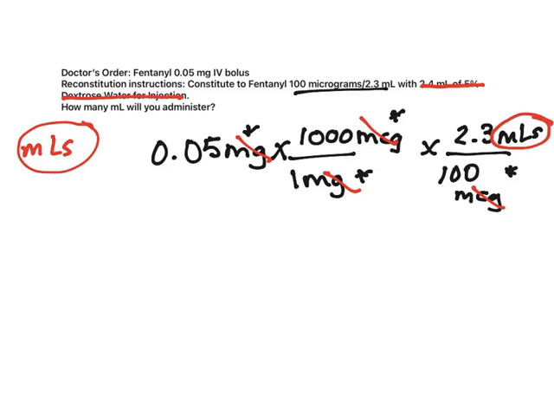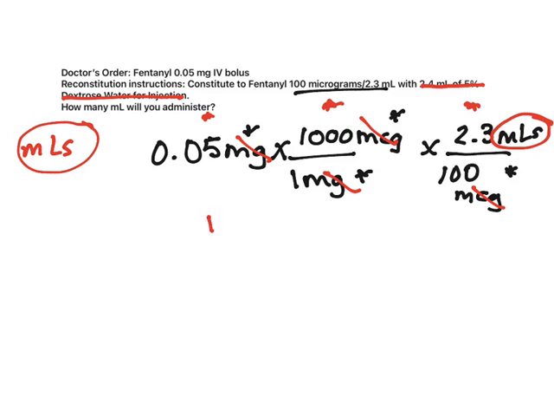So we're going to put in our calculator all the stuff on the top, which is the 0.05 times 1,000 times 2.3. Wait, let me actually put that in my calculator. I thought I had it written out. Sorry, y'all. All right, so we're going to put in our calculator 0.05 times 1,000 times 2.3.